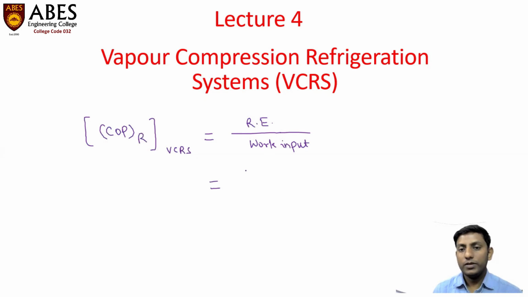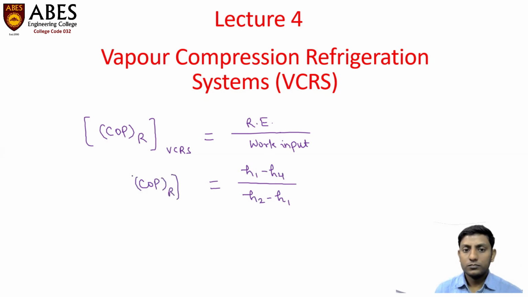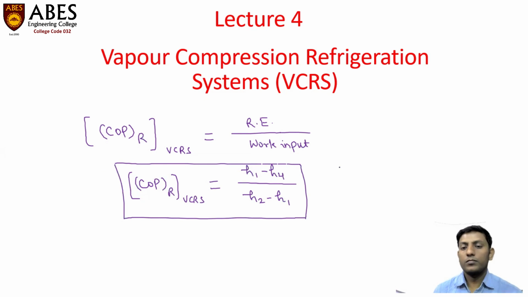So this can be given as H1 minus H4 divided by H2 minus H1. And this is a very important relation which will be used in further lectures to calculate the COP and solve numericals based on the VCRS system.